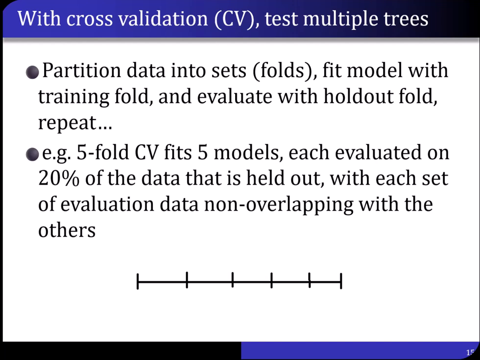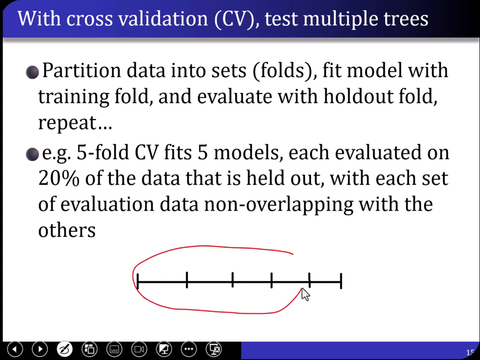The idea of cross-validation is you partition the data into sets, which are called folds, fit the model with the training folds, evaluate that model with the holdout fold, and then repeat this for all folds. For example, in the first step, you use the first 4 folds as the training data set, and the last part is going to be your validation.